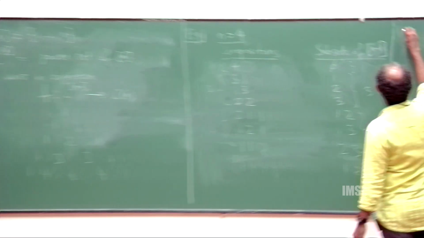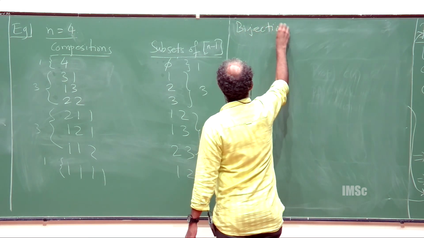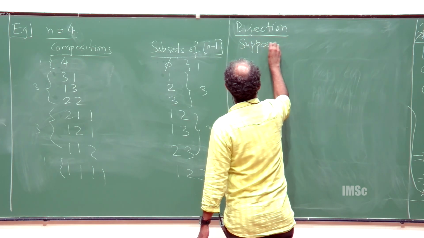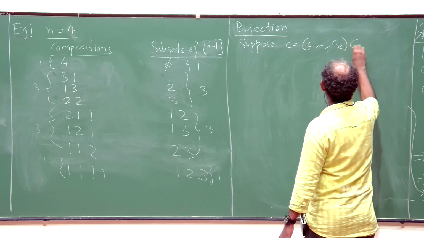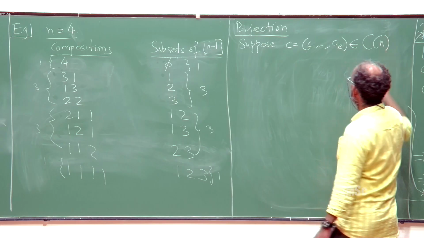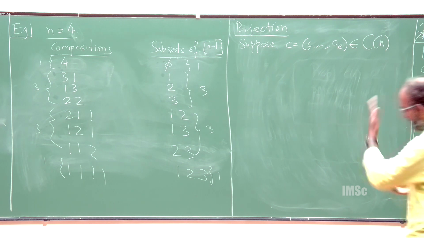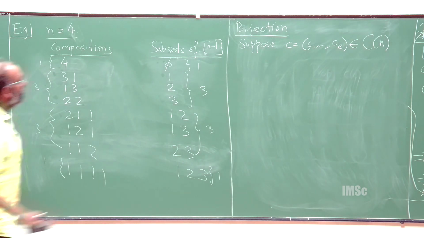So suppose C, which I'll write as C1 up to Ck, belongs to C of n. So it's a composition of n with how many parts? K parts, right? It's C1 through Ck. Oh, sorry, what am I doing? I wanted to do the other way. So I'll talk about subsets.